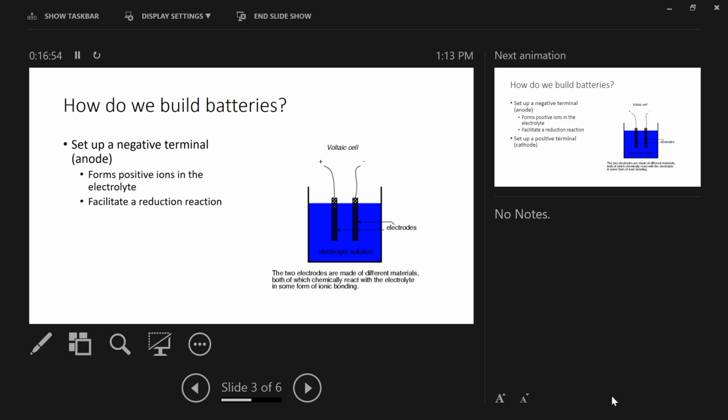Do you remember the mnemonic I taught you for oxidation reduction reactions? Do you remember it now? OIL RIG? No? Maybe I didn't teach you this.